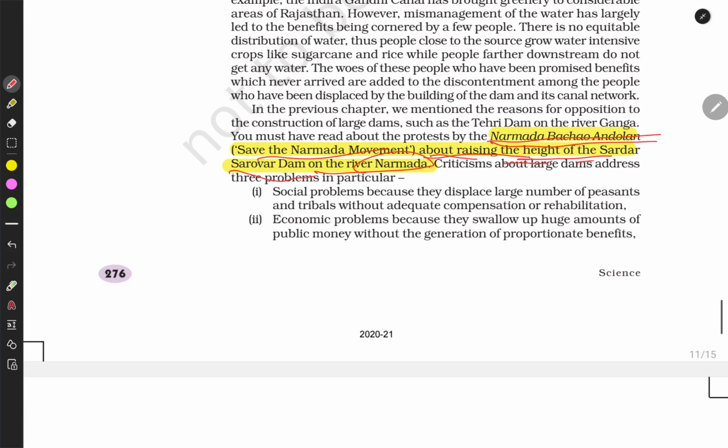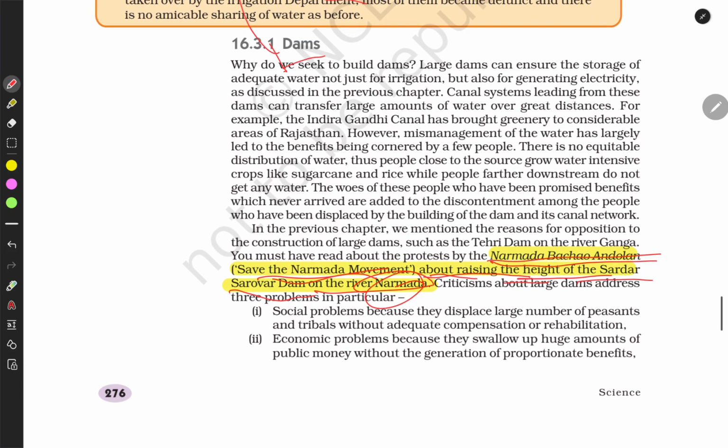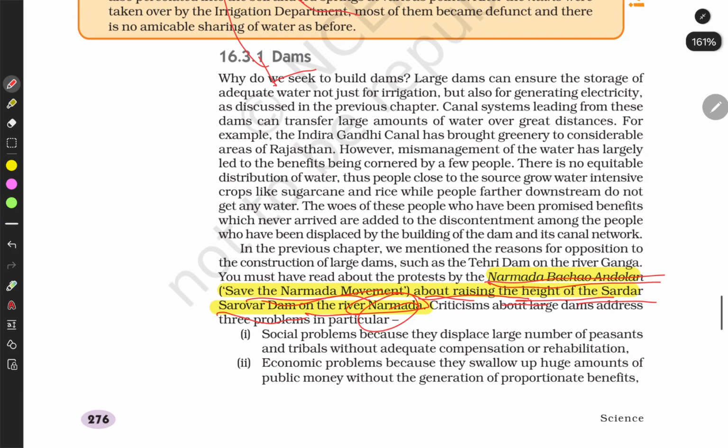So this was the Sardar Sarovar Dam, which is on the Narmada River. There was also some protest in the Narmada movement, which is in Madhya Pradesh. Let's talk about dams.